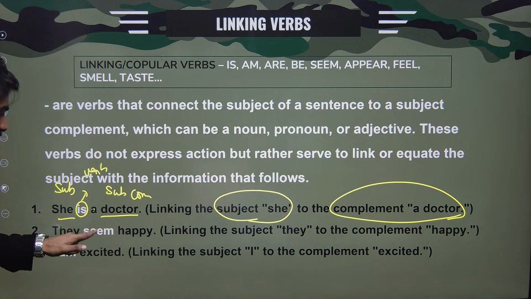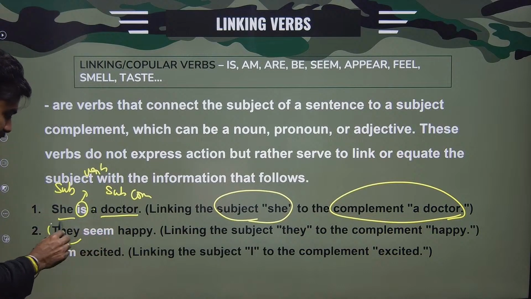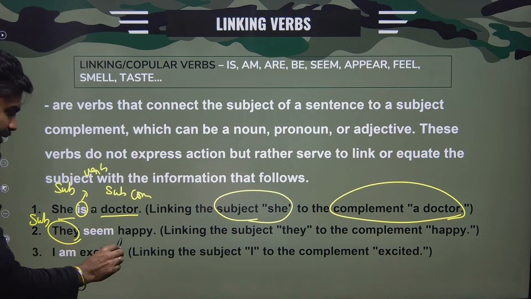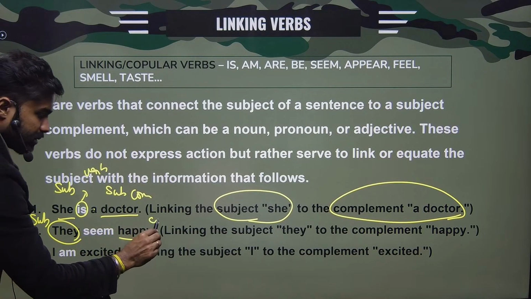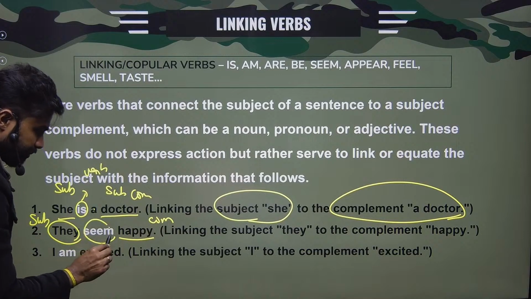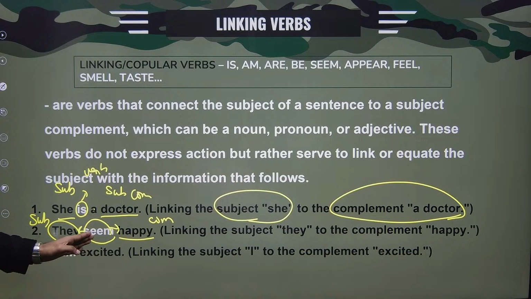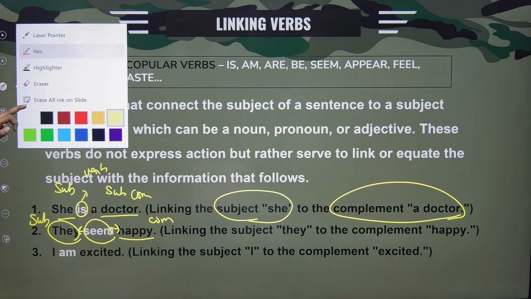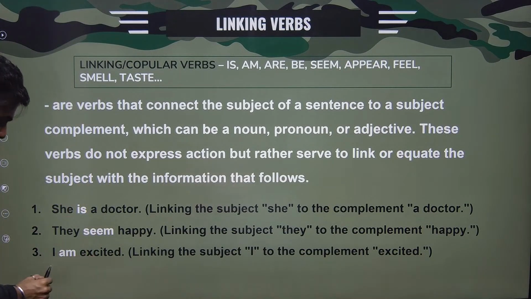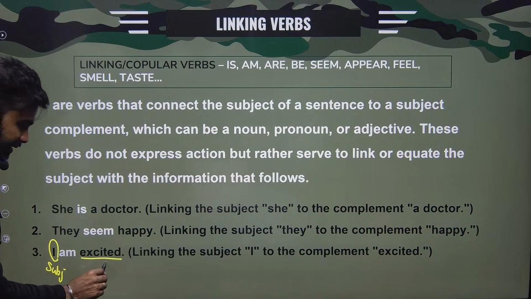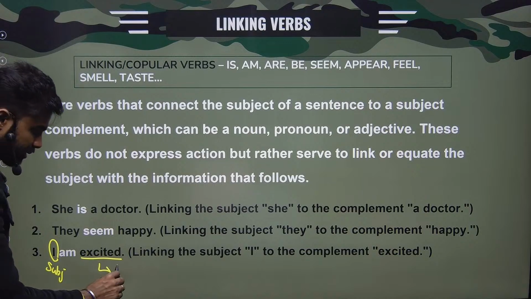Again, they seem happy. They, subject. Happy is my subject's complement. And seem is linking these two, subject and subject complement. So I can call it a linking verb. One more thing. I am excited. I, subject. Excited is the subject's complement.